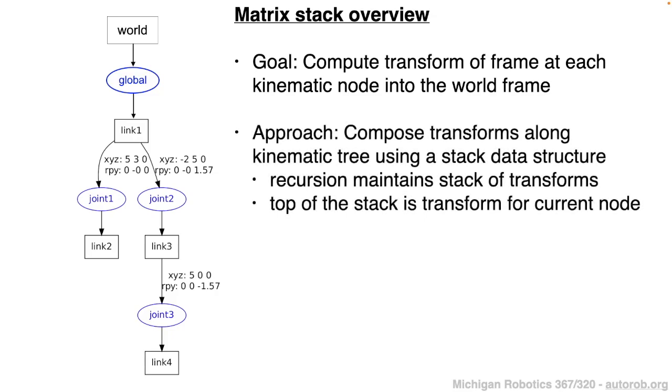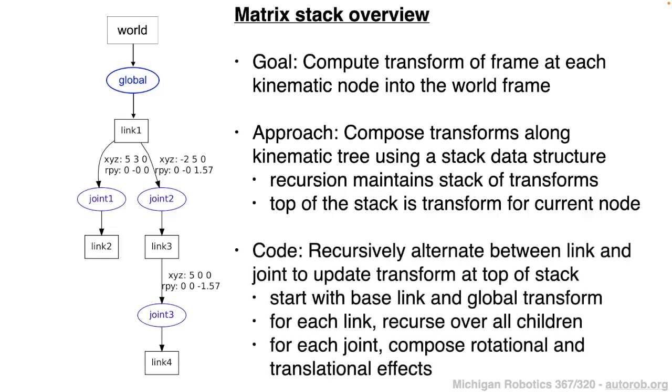The approach is to compose the transformations as we traverse the kinematic tree using a stack data structure. The stack allows us to maintain a sort of memory about where we are within the tree and which transformation we should be using as we build the next transformation. We're going to step through this.